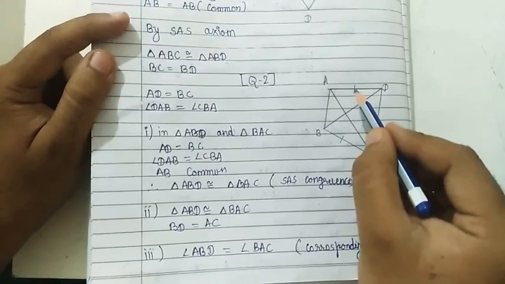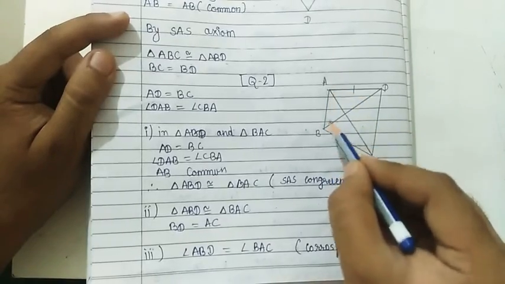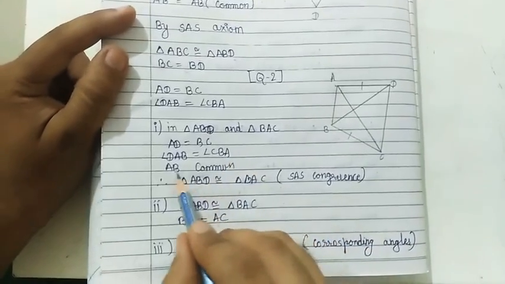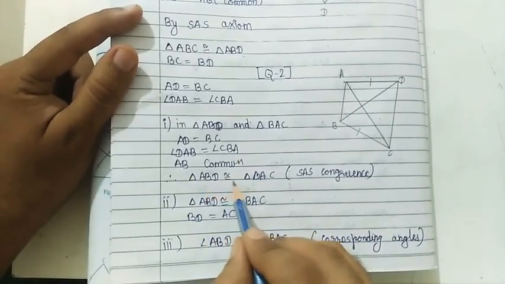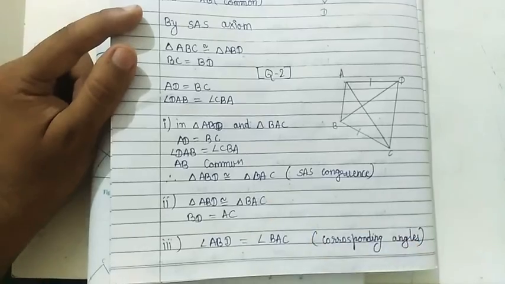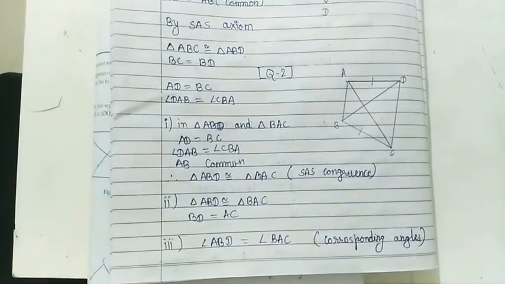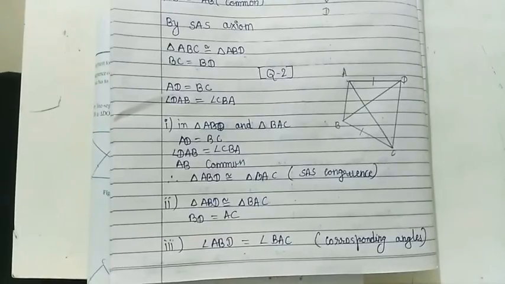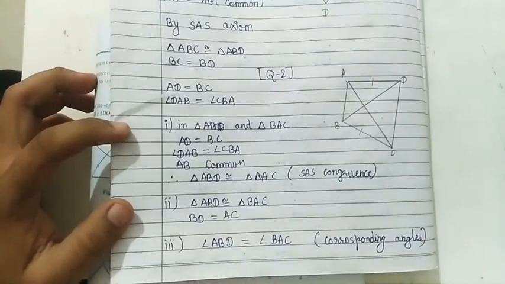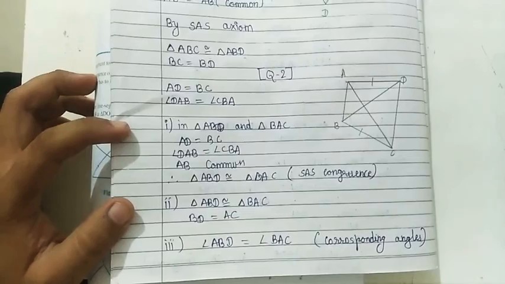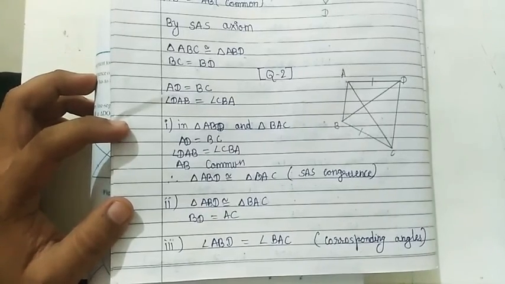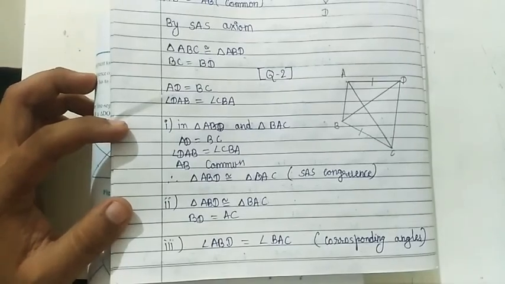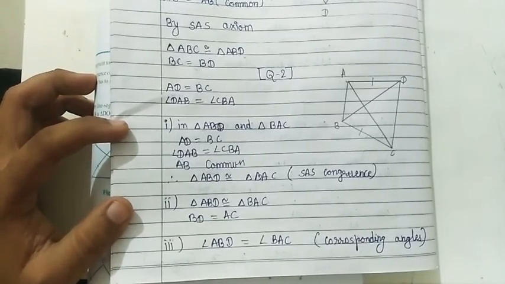So we can say that according to side angle side congruency, ABD is congruent to BAC. Now if ABD and BAC are congruent, we can also say that BD and AC both are equal according to corresponding parts of congruent triangles, CPCT.